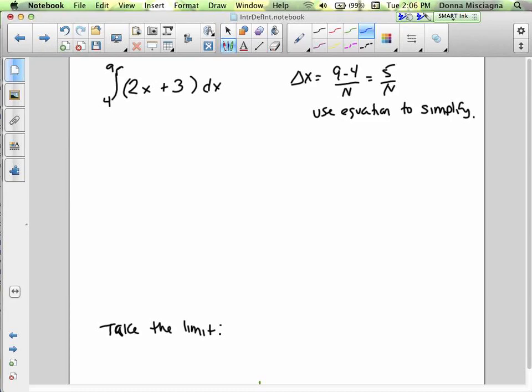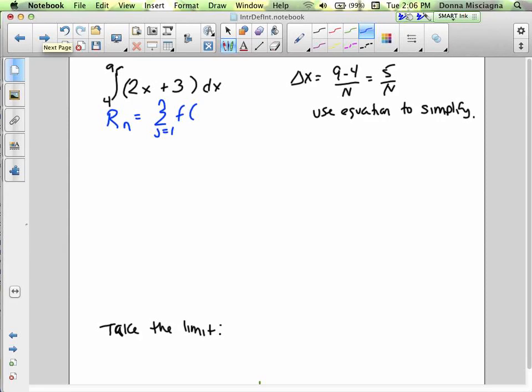All right, so now we're going to plug in the first value. So this is going to be the right Riemann sum. All right, so it's summing up, starting with our first value, so j equals 1. And we're stopping at n. So that's our endpoints, right? And we plug in.